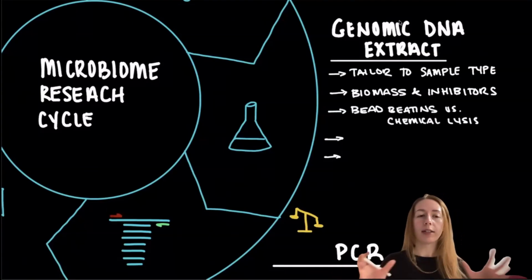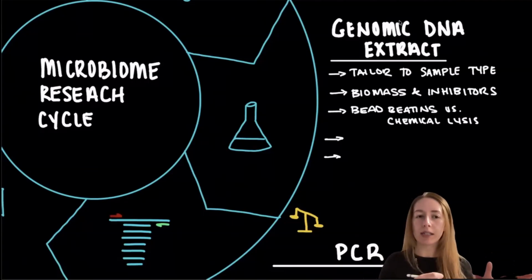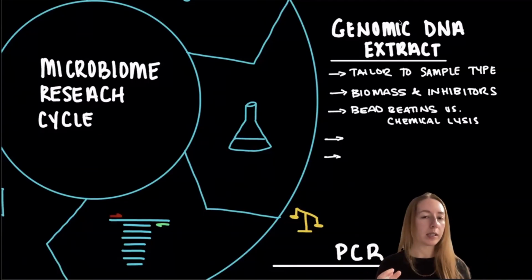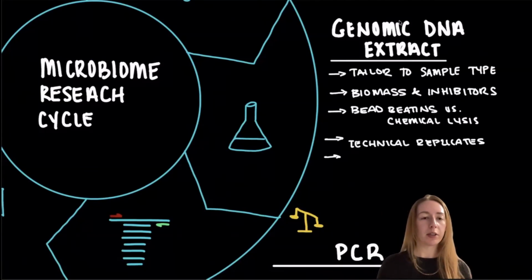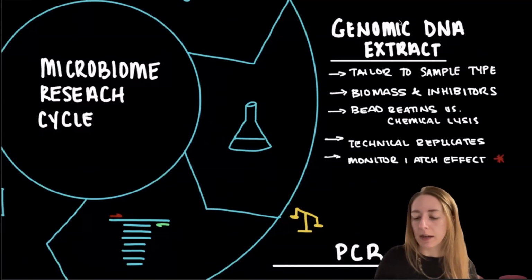And there are different mechanisms for breaking open the bacteria. We can either go through bead beating mechanisms, which will use mechanical forces, or a chemical lysis, because we ultimately want those bacteria to break. Some are more stubborn than others. You'll have to optimize your protocols. Include technical replicates if necessary. And then also keep in mind the batch effect.